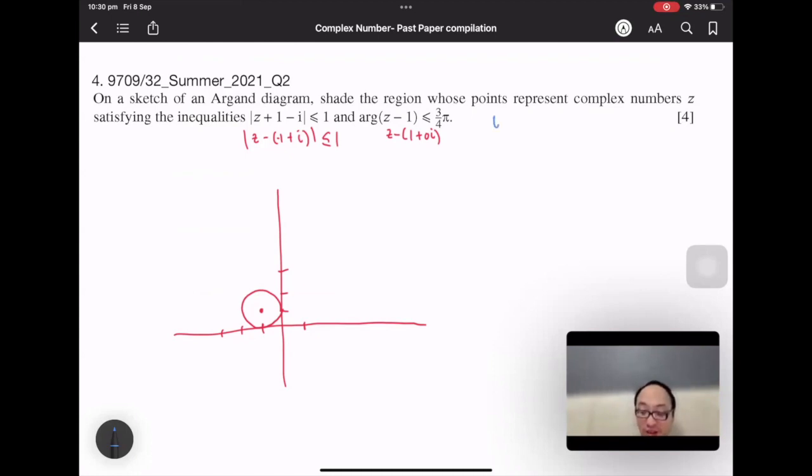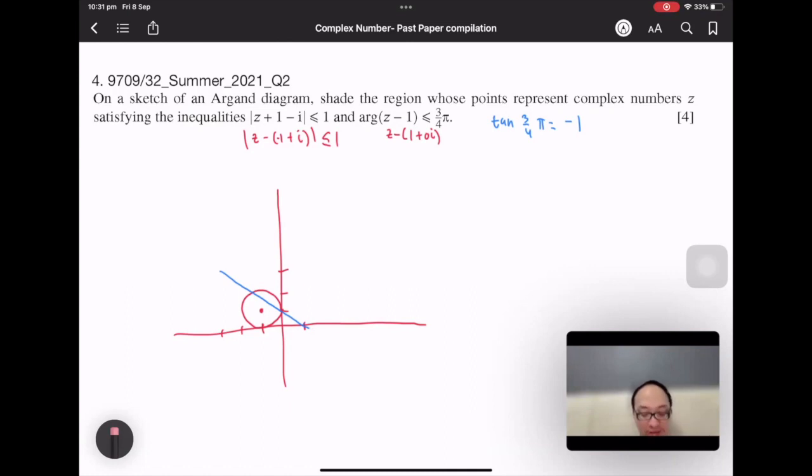Tangent of 3 over 4 pi is equal to negative 1. So it is a line with a gradient of negative 1. So I can draw this, negative 1, so it means it will pass through the 1 here, like this.